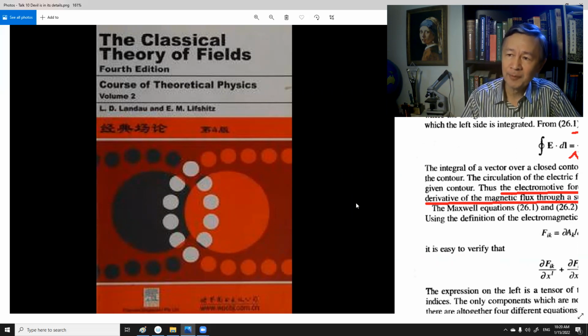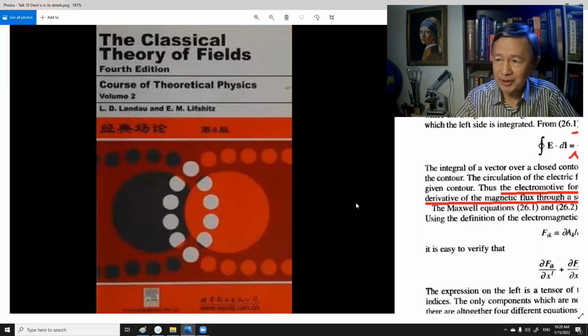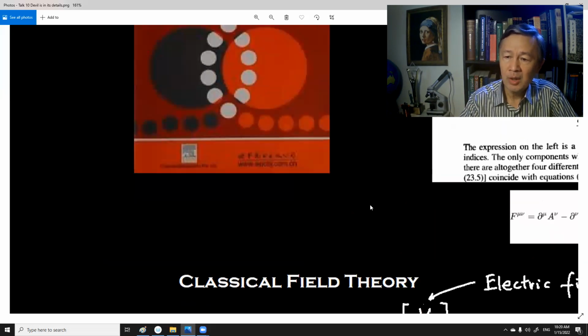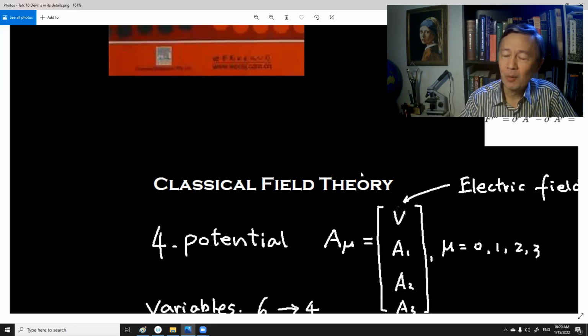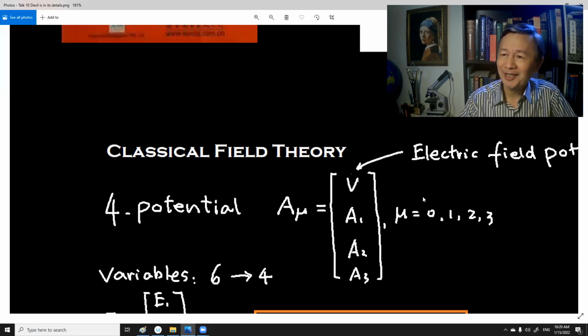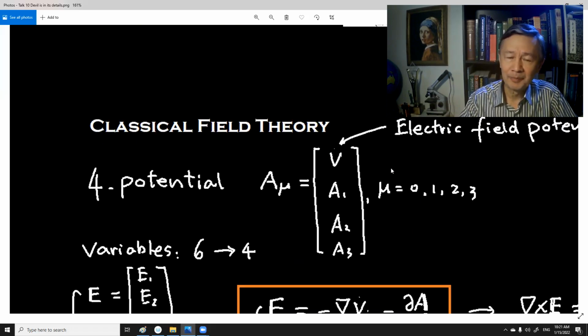But in physics, we are dealing with real things, such as gravitational interaction and electromagnetic interaction. Now, to cut the story short, we have to review the basic idea in the classical field theory of electromagnetism.